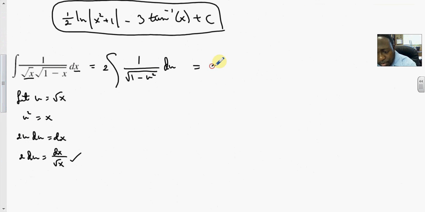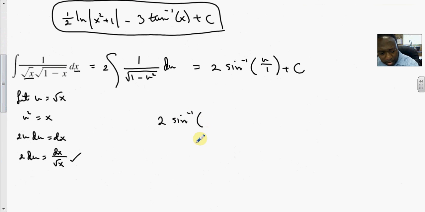So this is 2 times sine inverse here of the u over 1 plus c. You simplify that. This is 2 times sine inverse. The u here is the square root of x plus c.